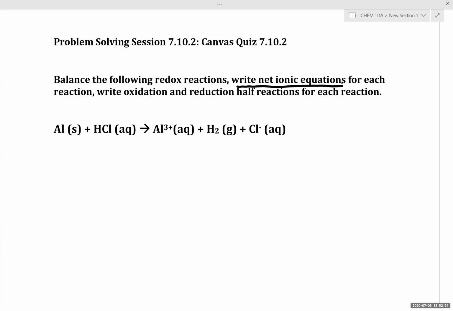We'll discuss this example in about another 2 to 3 minutes, and I'd like to see a few proposed balanced equations in the chat.